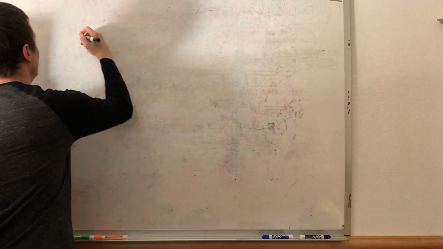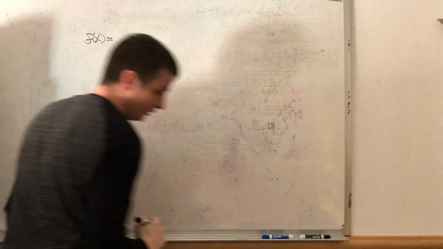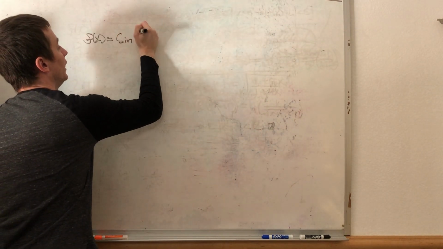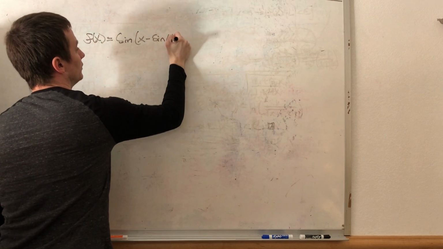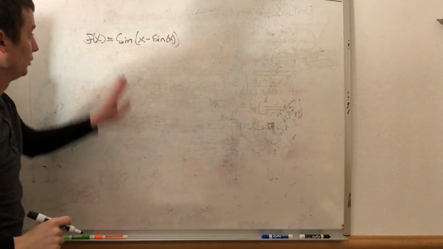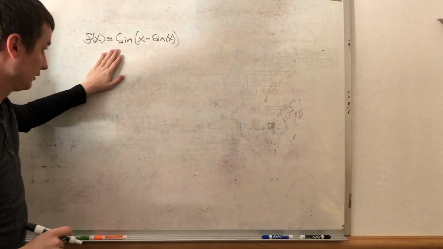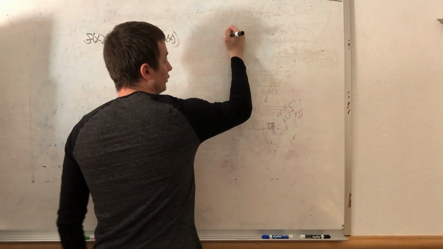So let's see, our function is f of x equal to sine of x minus sine of x. So we're trying to find the limit of this as x approaches pi and prove that this function is continuous at pi.